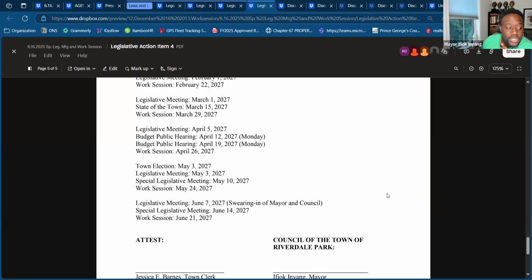Is there any discussion on that motion? Any more discussion or comments, or we can vote on it? Okay, seeing no raised hands or unmuted mics, we'll go to roll call vote to approve Resolution 25R10, the meeting schedule for the 2025 to 2027 term.